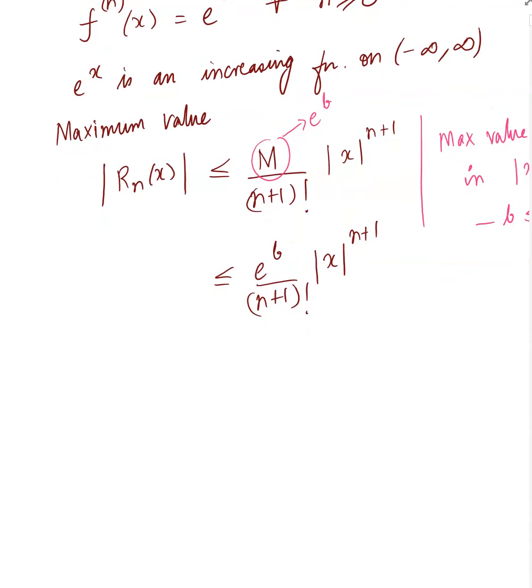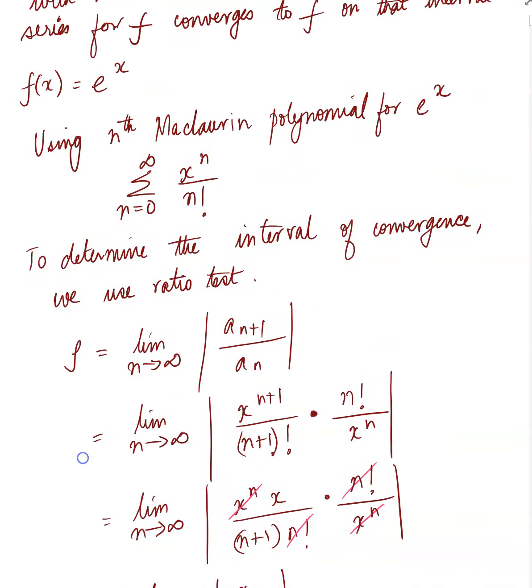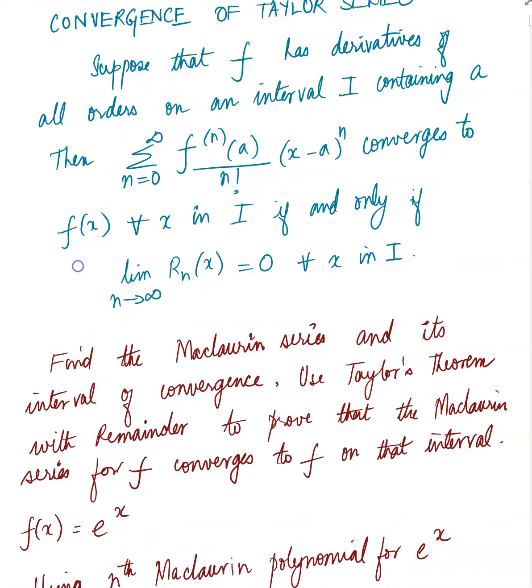Sorry, I have to go back again here. If you look at the convergence theorem, it says limit of Rn of x equals 0. This condition will happen if and only if this Taylor series converges to f.